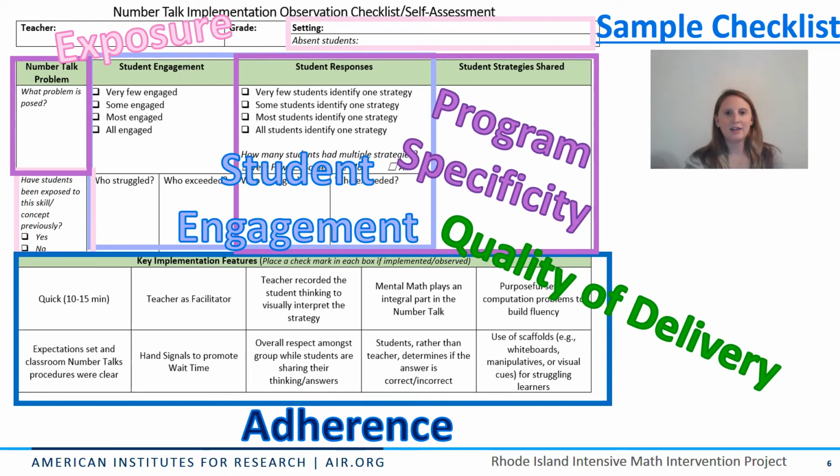And lastly, we're looking at program specificity, which are the sections in purple, and you can see how some of these components overlap. For program specificity, we're looking at having the problem set planned ahead of time. So were the number talk problems planned? Acknowledging the student responses and strategies to now analyze the level of understanding and the difficulty of the task.